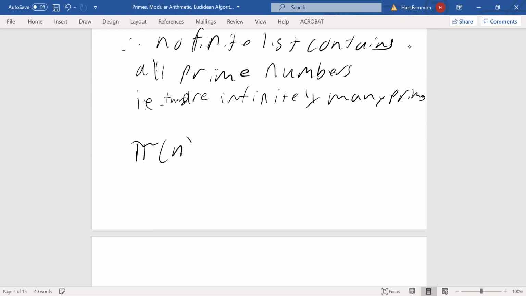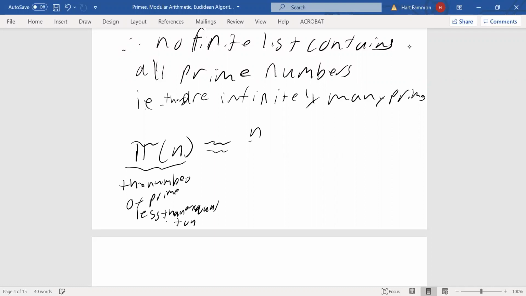So this guy P of n is the number of primes less than or equal to n, and this is roughly equal to n divided by the natural log of n.